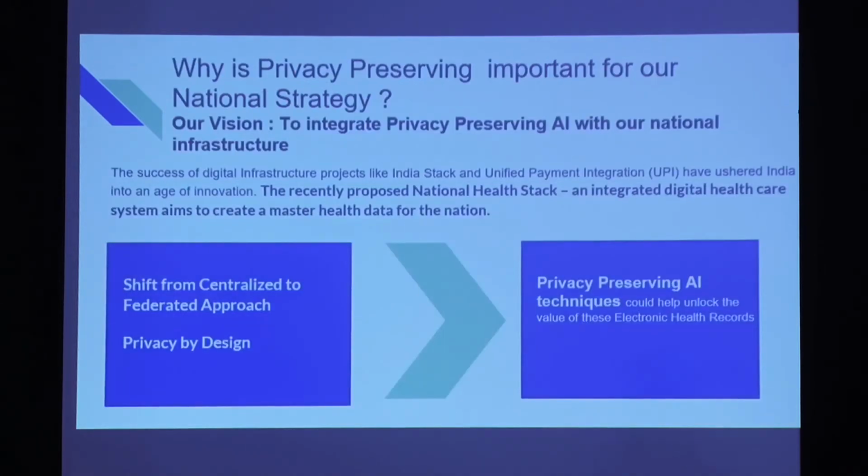Now the core of this discussion: why is privacy preserving AI important for our national strategy? The success of digital infrastructure projects like UPI and India Stack have really ushered India into an age of innovation. As an illustration, I'll talk about the recently proposed National Health Stack, which is an integrated digital healthcare system, and it aims to create master health data for the nation, integrating all health records across center and states.